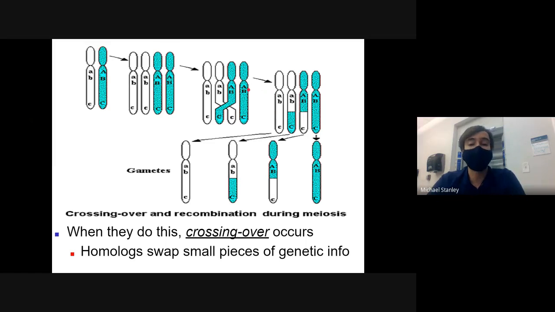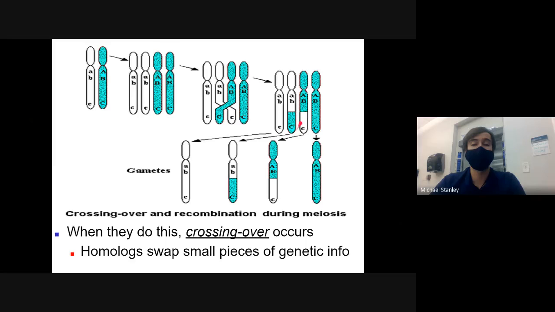But essentially the outcome is that now, all of a sudden, you have a slightly different mixture of DNA on your 4 chromosomes. So the 2 that were on the outside are the exact same as before, but the 2 that are on the inside swapped over the DNA.